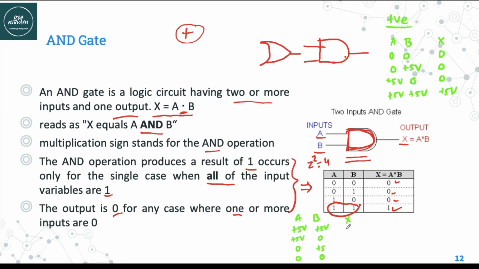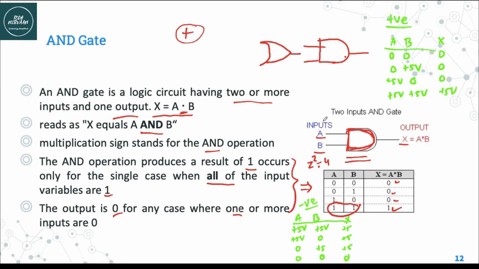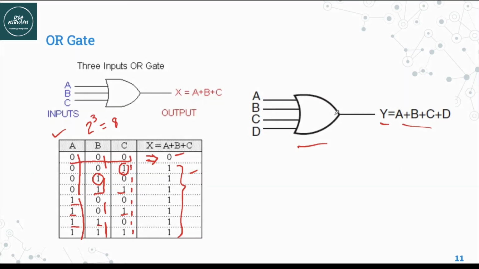So in output, we have logic 0 means plus 5, plus 5, plus 5, and 0. From this, we will understand this. Okay, we have OR gate in positive logic system and AND gate in negative logic system. Both are same. So let us try to understand OR gate in positive logic system.